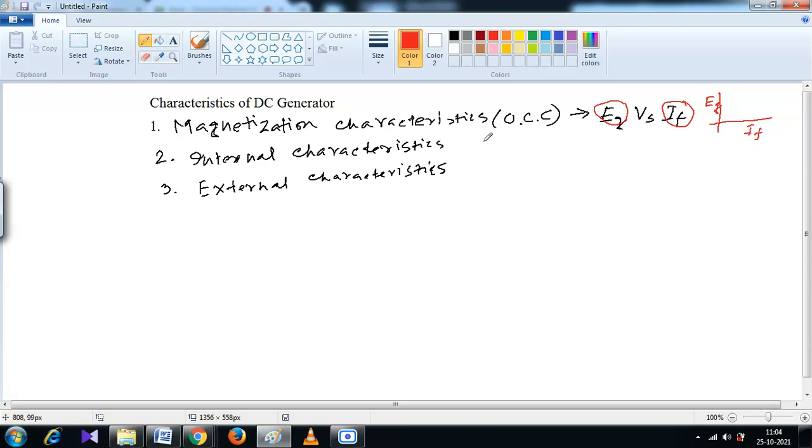And what is the internal characteristics? Here we make a graph between generated voltage and load current.